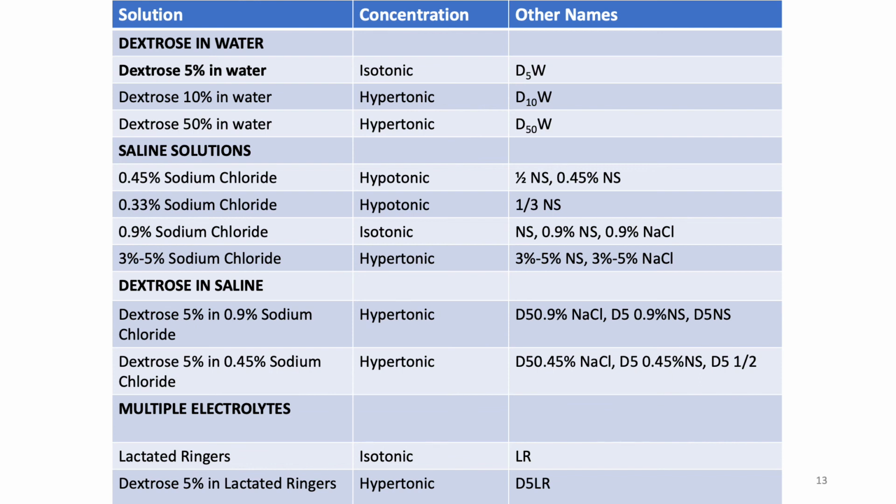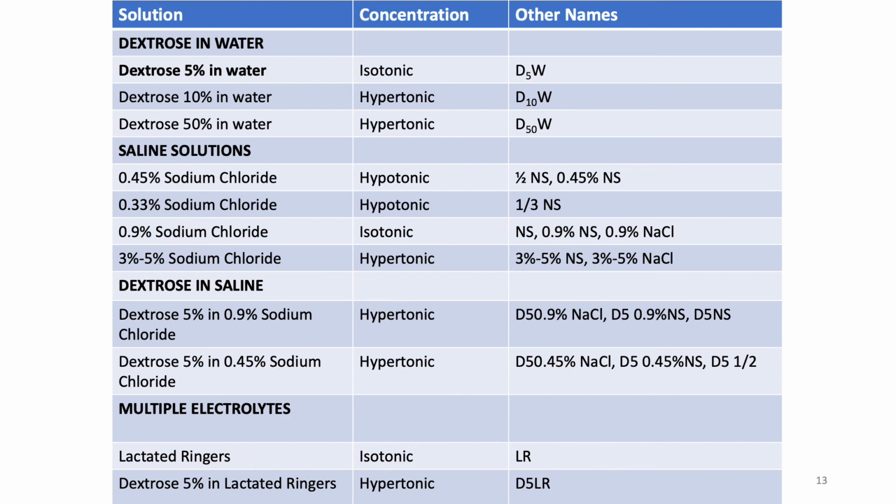So we have the 3 isotonic solutions, and then our hypotonic solutions are listed there. And remember, those are the solutions that are going to cause fluid to move into the intracellular space. I would just look at the percentages there.